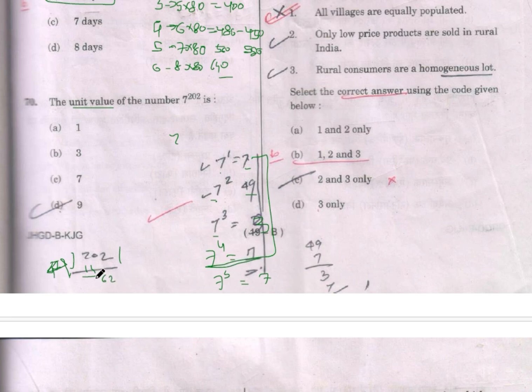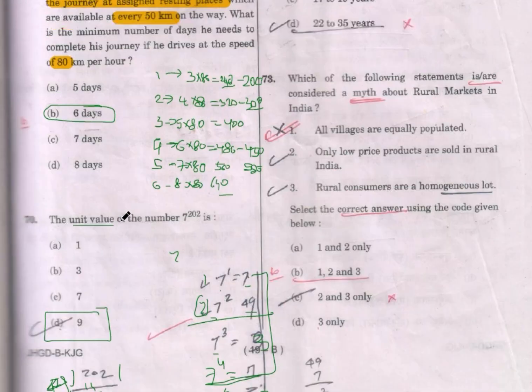So there will be a remainder of 2. So this is 1, this is 2. So we will consider that the unit place will be 9, that will be the answer. Okay. Got the answer? If you have any doubt, ask me in the comment section.